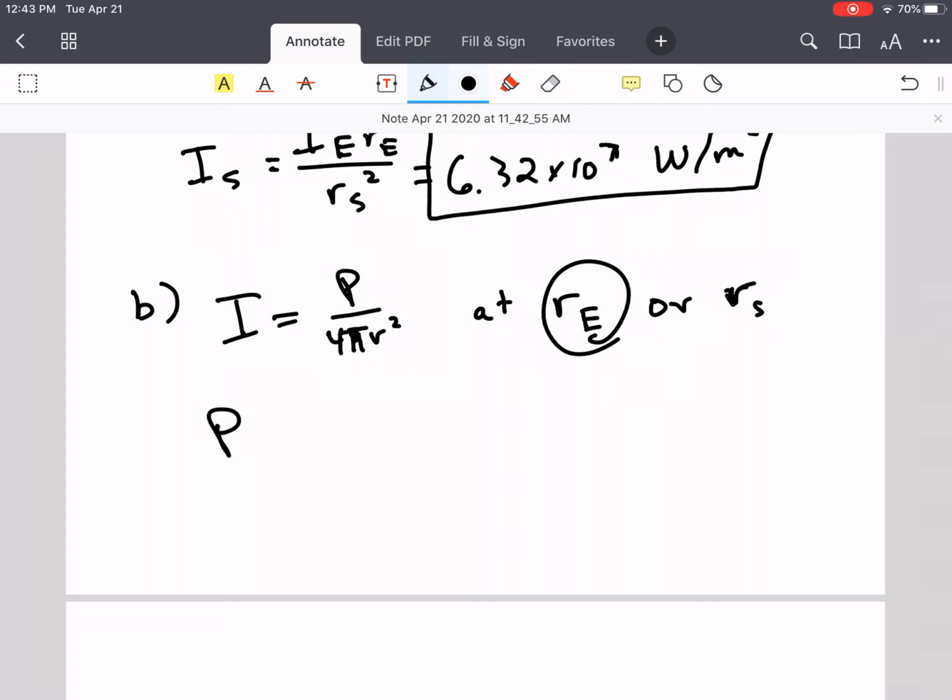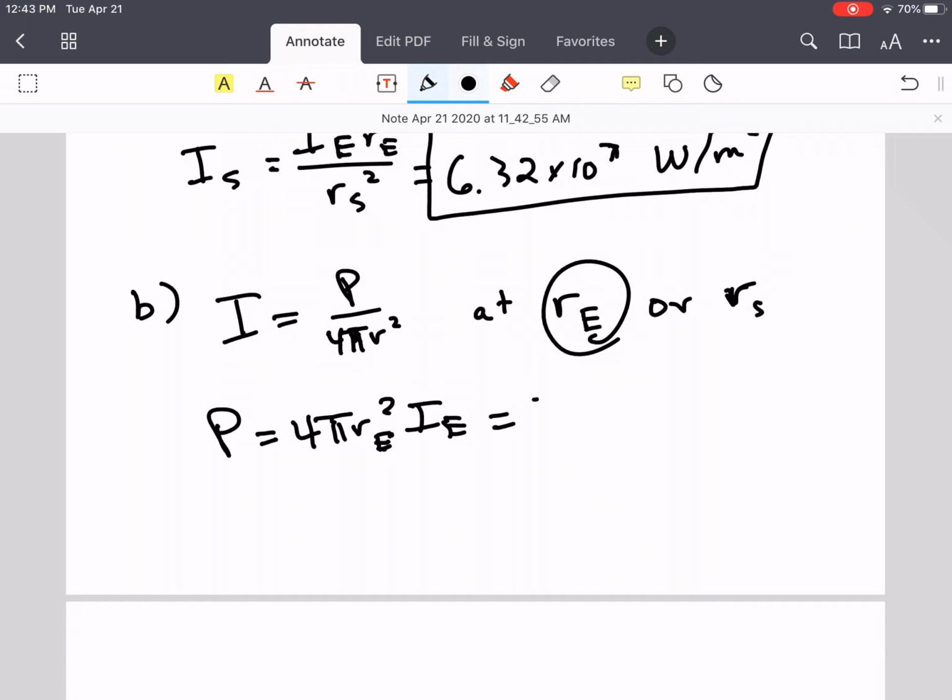So the average power, if I resolve this equation, is 4 pi r squared times intensity. Here I'm going to take the Earth-Sun distance, RE, as my radius, and I at the Earth as my intensity. Go ahead and plug in some numbers.